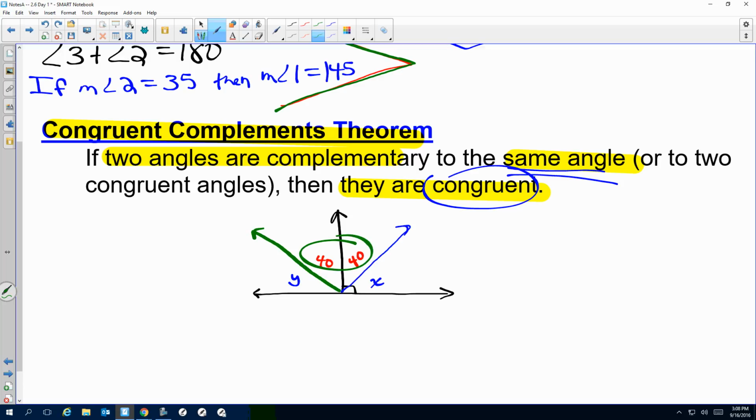So what's the complement to 40? 50. So X would have to be 50, and Y would also have to be 50. So X and Y would be congruent. Do we see that X is equal to Y, which equals 50? Got that down?